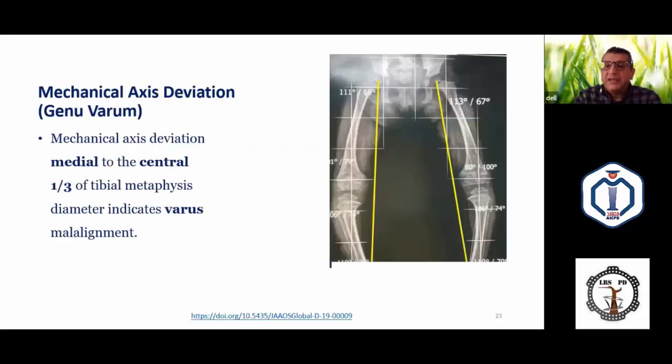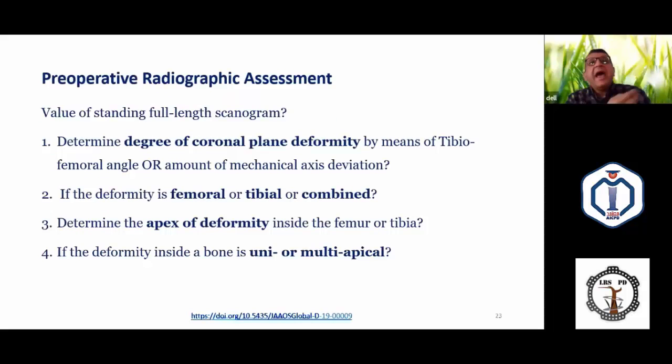What about the scanograms? As we can see here, this is a full-length standing weight-bearing scanogram of the lower limb. How can this help us in decision-making and assessing patients with deformities of the lower limb in general, or specifically here in rachitic children?